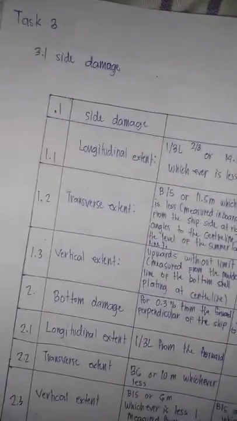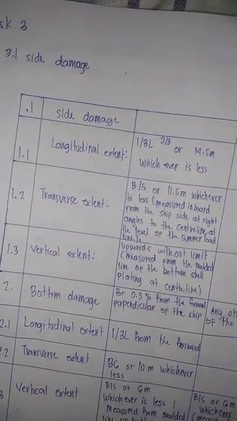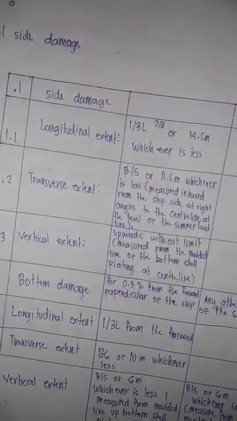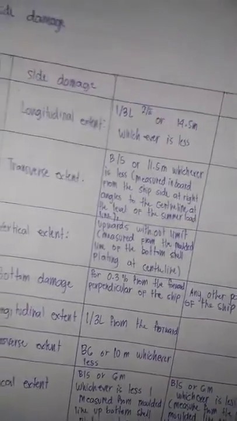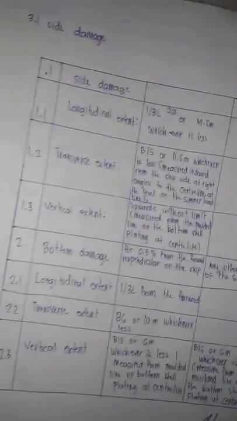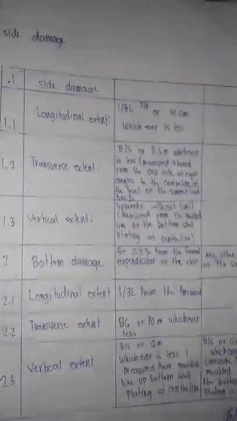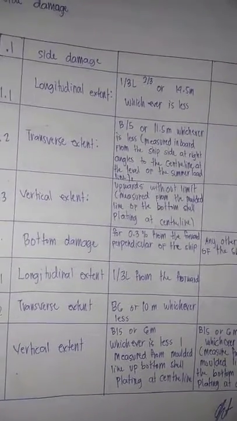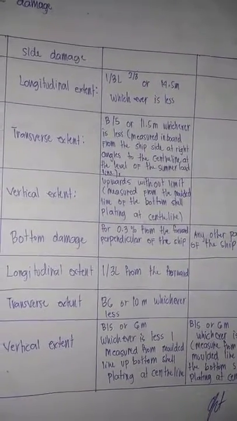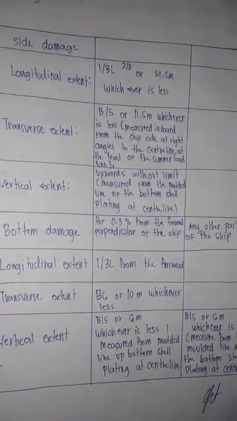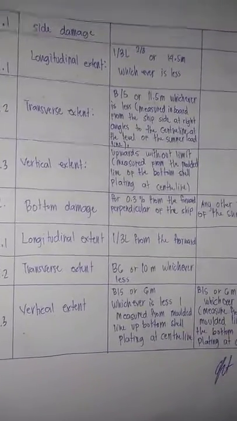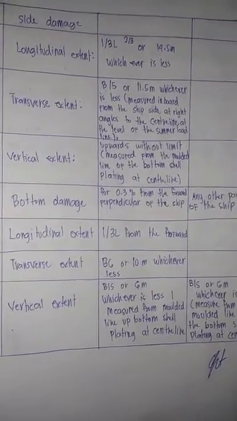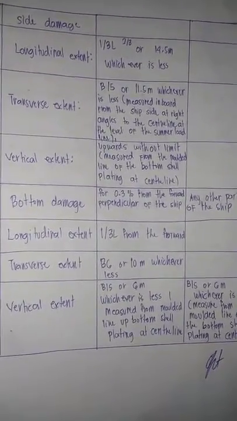Point 1, side damage. 1.1 Longitudinal extent: 1/3 L^(2/3) or 14.5 m, whichever is less. 1.2 Transverse extent: B/5 or 11.5 m, whichever is less, measured inboard from the ship side at right angles to the centerline at the level of the summer load line. 1.3 Vertical extent: upwards without limit, measured from the moulded line of the bottom shell plating at the centerline.